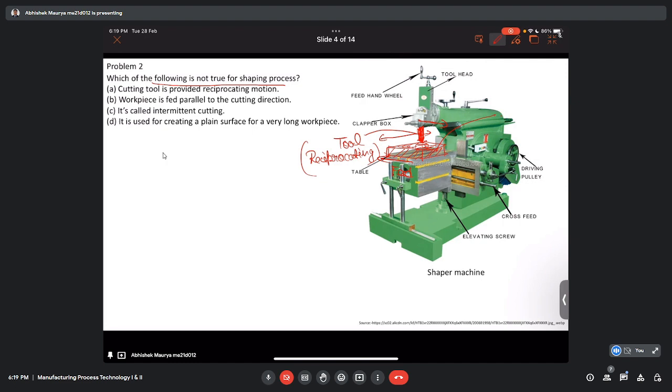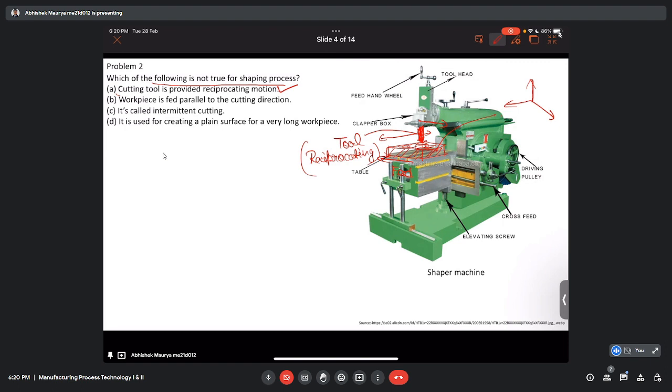So let's start looking at the options. The cutting tool is provided reciprocating motion. Yes, it is correct. The workpiece is fed parallel to the cutting motion. No, basically the workpiece is fed perpendicular to the cutting motion. We can see here, if you want to show it by axes like this.